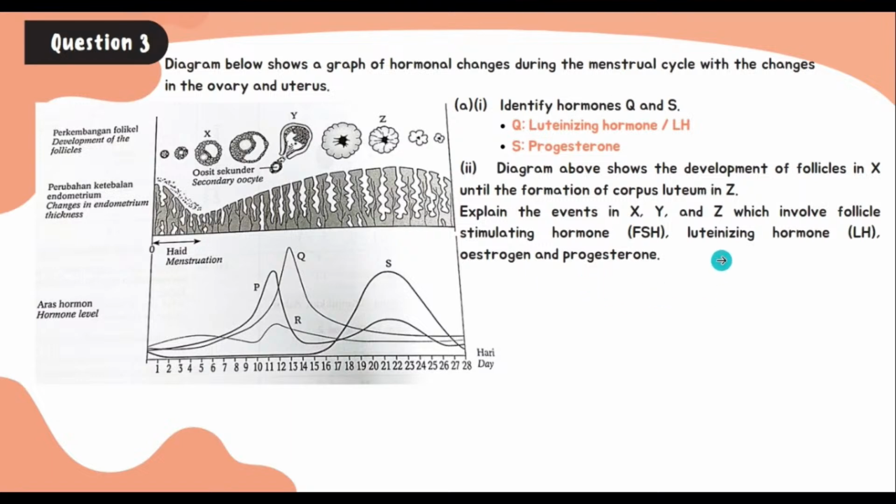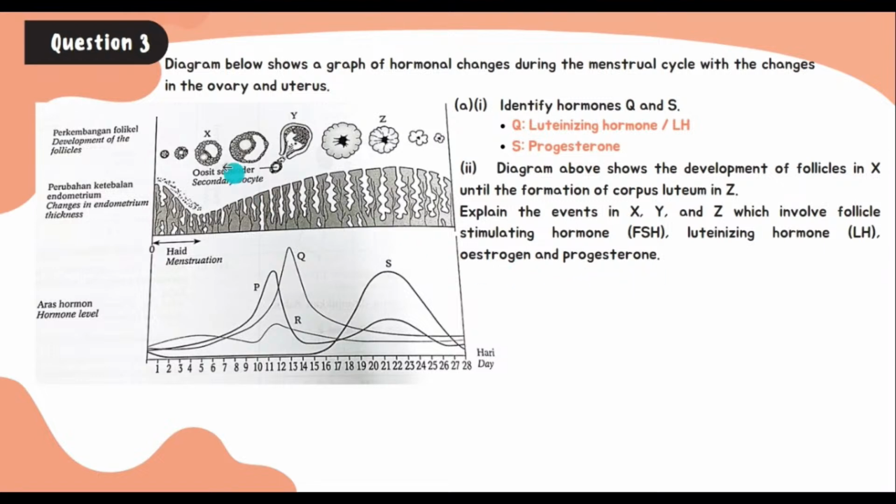Now, next question, question number 2. The diagram above shows the development of follicles in X until the formation of corpus luteum in Z. Formation of follicle X until it becomes corpus luteum, which is follicle Z. Explain the events X, Y, and Z that involve follicle stimulating hormone, luteinizing hormone, estrogen, and progesterone.